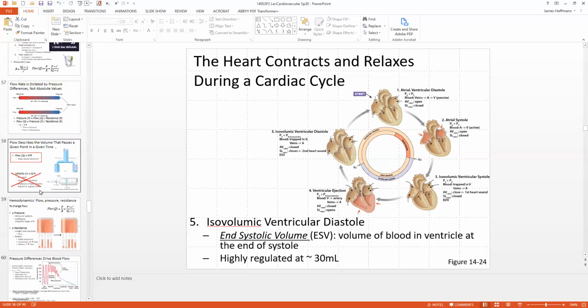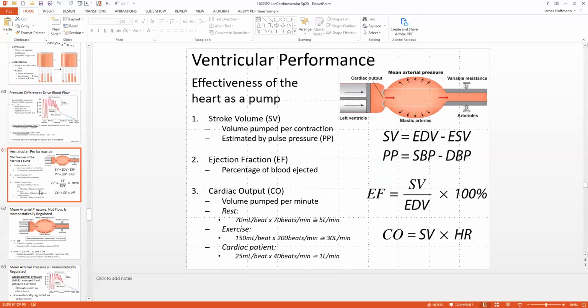And then from that, we could use other numbers. So my stroke volume equation right here, right? End diastolic volume minus end systolic volume, the stroke volume. Other equations that are kind of related, and I don't know if any of you deal with this, because I know some of you work in the medical field with ejection fractions, but ejection fraction is an important component of people that have potential heart issues.